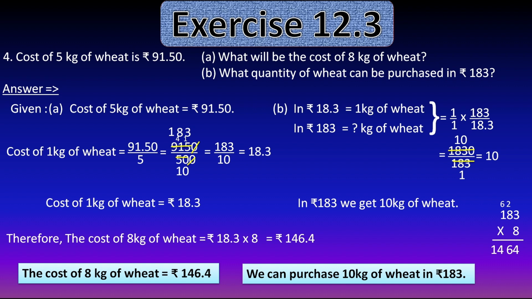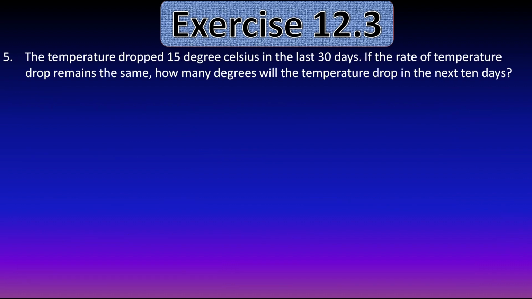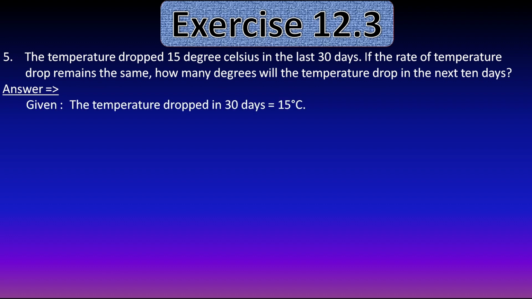Now let's move to the next question, that is the fifth one. The temperature dropped 15 degrees Celsius in the last 30 days. If the rate of temperature drop remains the same, so here the rate is remaining the same. So how many degrees will the temperature drop in the next 10 days? Okay. So first of all we will write the given things, that is the temperature dropped in 30 days is 15 degrees centigrade.